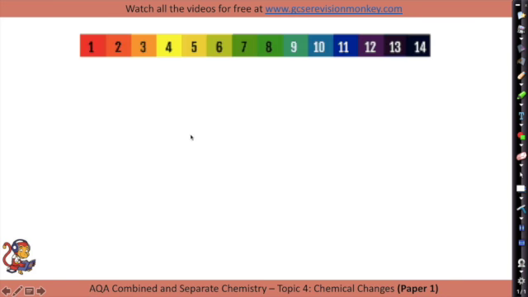This section on strong and weak acids links again to the pH scale, just in a little bit more detail. pH is a measure of the concentration of hydrogen ions in a solution.